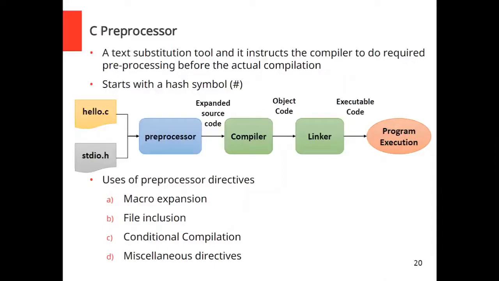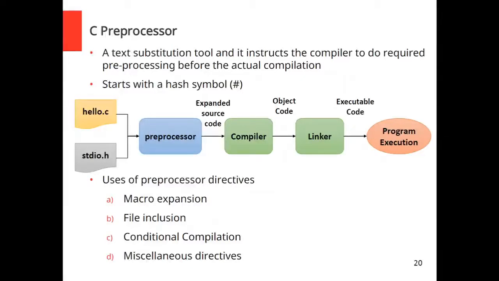The compiler then compiles the code and creates the output, the object code. This object code is used by the linker and it maps to the memory, and finally the program execution happens. So the preprocessor happens before the compilation, and all the preprocessor directives start with a hash symbol.